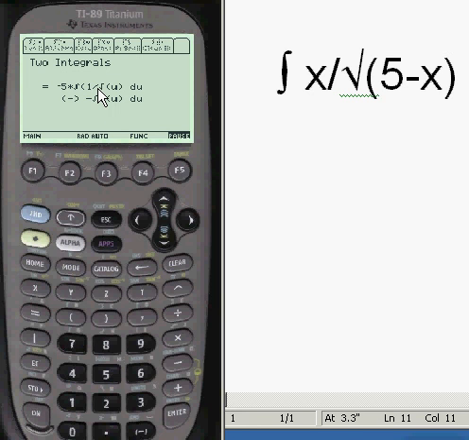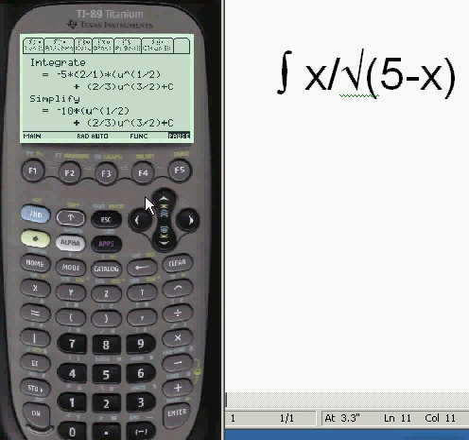Make two integrals: minus 5, the integral of 1 minus 1 divided by the square root of u du. Check the minus signs, they're always in trouble if you don't do them right. Try to show exactly what's happening. And then we switch the denominators to the numerators, and so we got u to the minus 1/2 exponent, same thing in here.